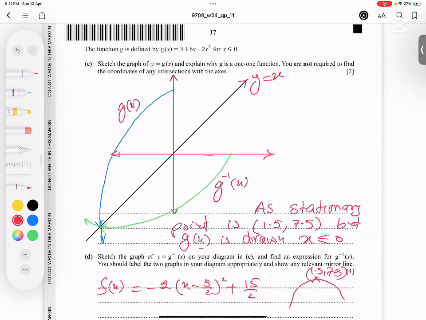So it is a one-to-one function. I hope you got the point and the reason I have taken.